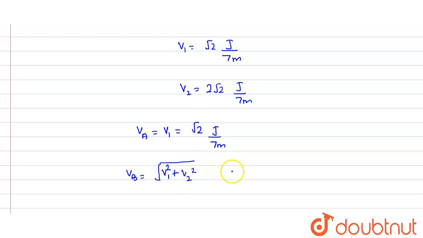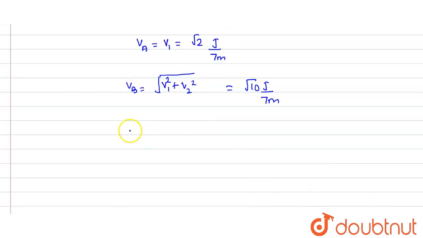If you put the value here, it would turn out to be root 10 J divided by 7m. And what is the velocity of C? Velocity of C, we have already seen, is v1 plus v2 divided by root 2. We already know that v2 is twice of v1, so it would be 3 v1 divided by root 2. Now if you put the value of v1 into this expression, it would turn out to be 3J divided by 7m.